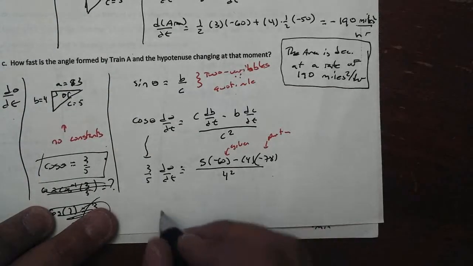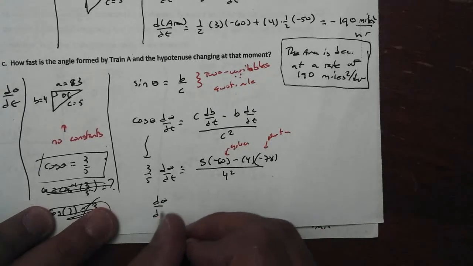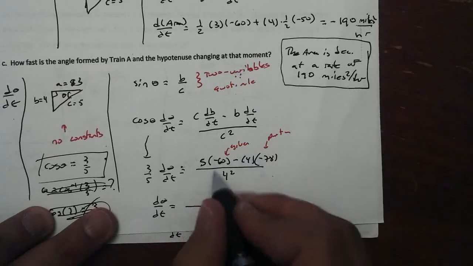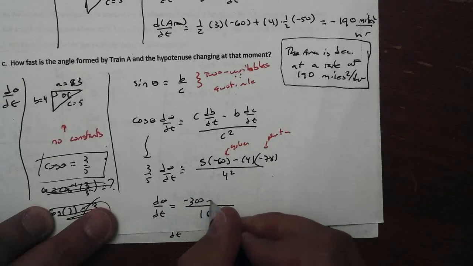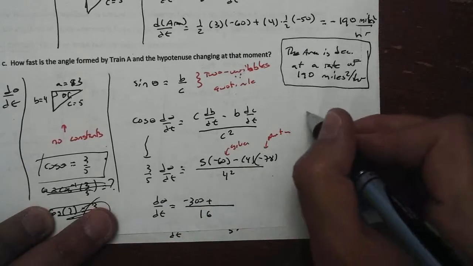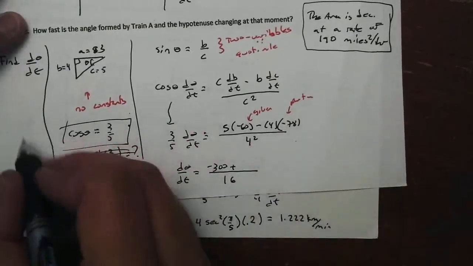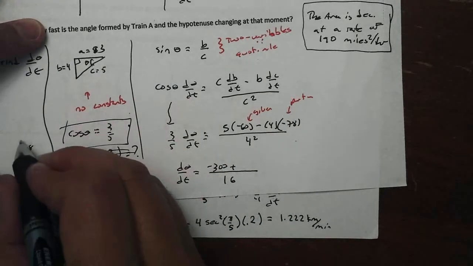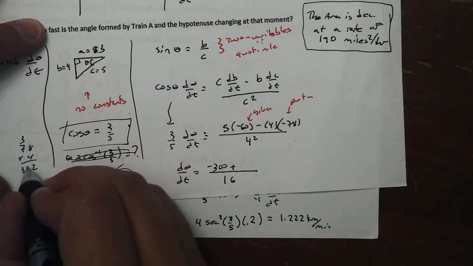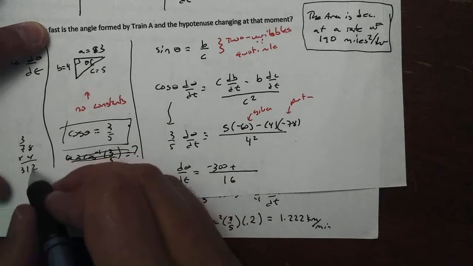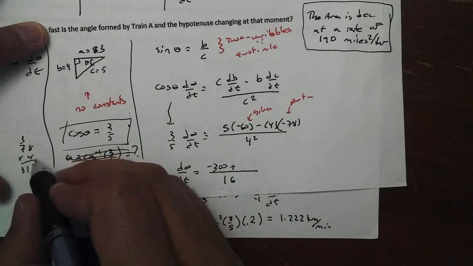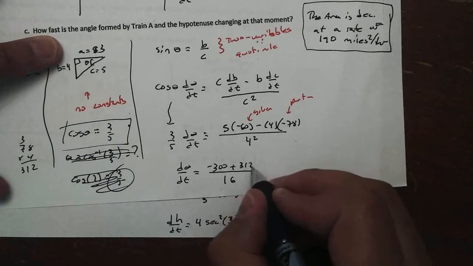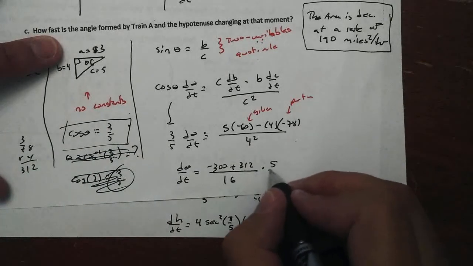some weird thing here. Let's take a look. We would get dθ/dt would equal, and I'm just going to simplify a little bit here, 16 on the bottom. That's negative 300 plus 4 times 78. I don't know what that is. Should give me a calculator, right? So I do 78 times 4. Don't be ashamed to ever do math. Carry the 3, 28, 312, right? Is that right? So that's plus 312, and you're going to multiply that by 5/3.